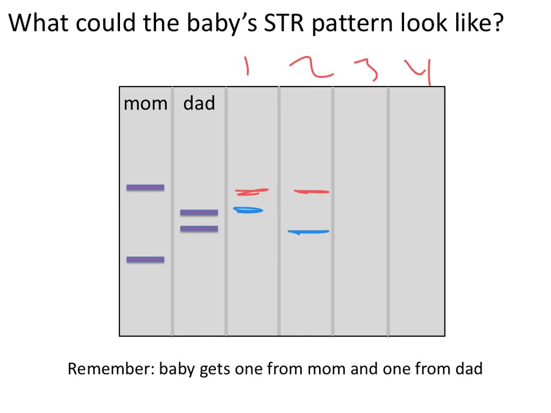Baby 3, we'll say, here's mom down here, and dad could be up here. And then baby 4, dad could be down there, and again, mom could be here. Okay, so there's going to be one of 4 outcomes, just because you have a mom and a dad.